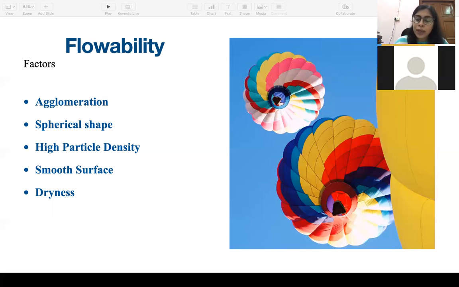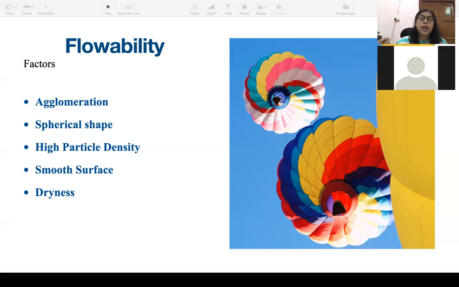Once caking takes place, it will stick to the system. The particle size and bulk density increase, and the particles will not be able to flow smoothly. If there is solidification, then flow will be reduced because solids do not flow, unlike a liquid or a powder state. Then it will get stuck at certain places. So we have to maintain dryness.